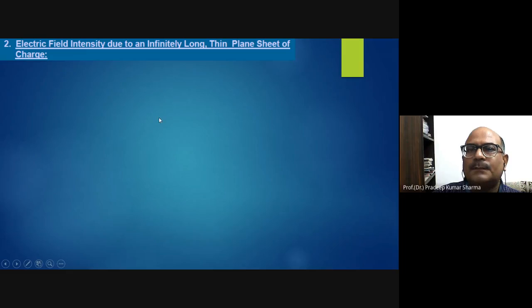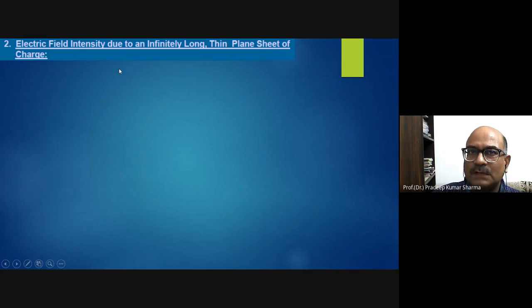Okay. So now we are moving to the second important one, which is very important as far as your numericals are concerned, and you will face this problem many times in your engineering syllabus. This is the electric field intensity due to an infinitely long, thin, plane sheet of charge.